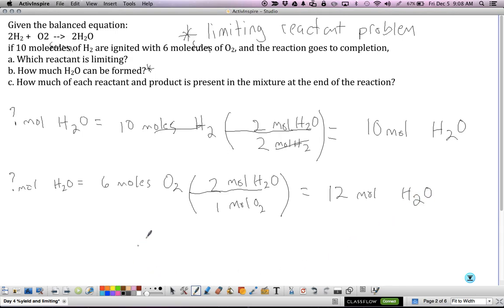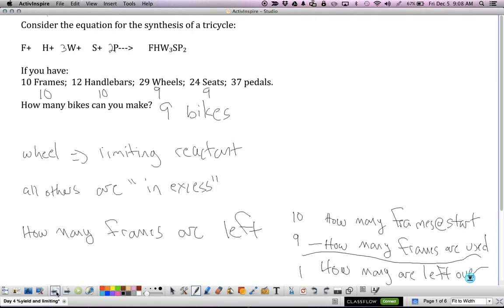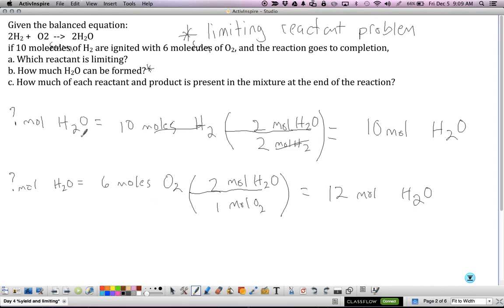Okay, now if I go back to the bicycle problem, you could see that, let's take frames for example. With frames, I could make 10 tricycles. With wheels, I could only make 9 tricycles. Okay, so the wheels limit. So here I only have enough hydrogen to make 10 moles of water.